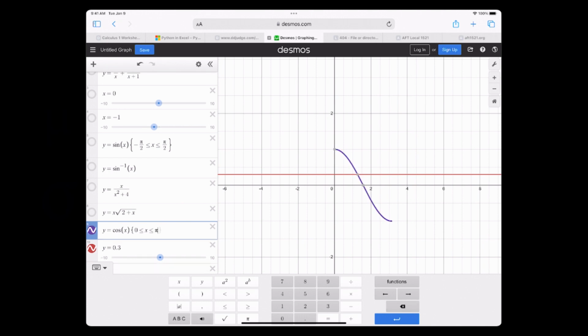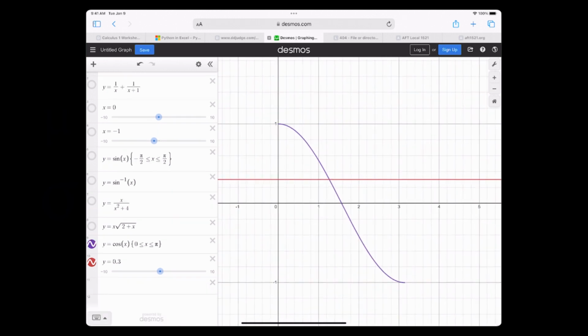Sorry. I guess let's go pi. There we go. So we're going to restrict it to being 0 to pi, really. And now, ladies and gentlemen, what do you guys notice about the cosine curve? It's 1 to 1.